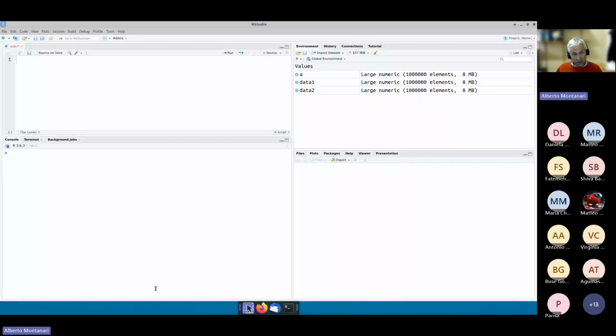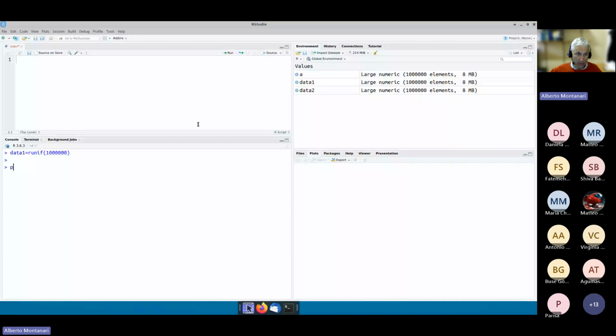What I did was to generate a vector of 1 million real numbers in R. Data 1 is equal to random generation. You can use this function, and then you put 1 million. This is random generation, and if you remember, I plotted it.